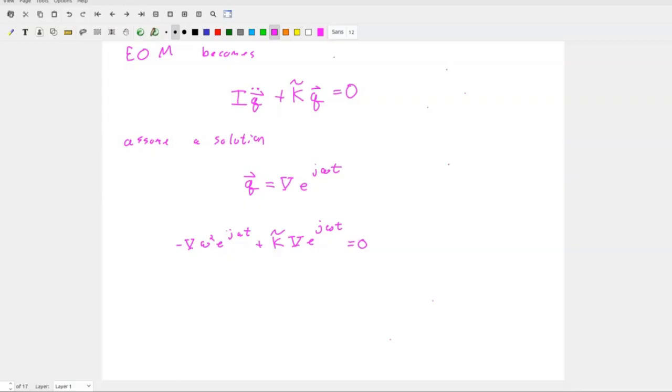So the identity matrix is 1, 1, 1, 0, 0, 0. Those are zeros, not sixes.